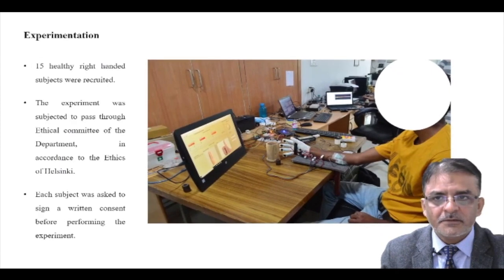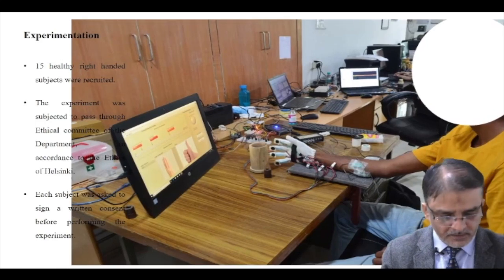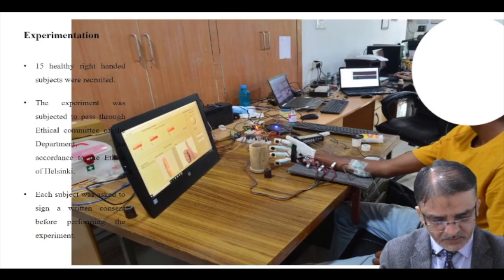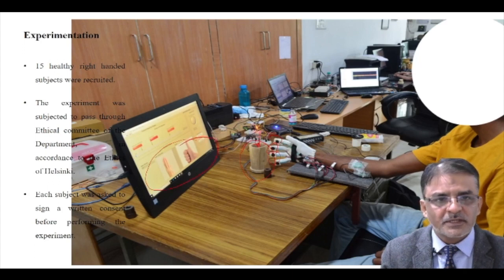If you see here, this is the experimental setup where pressure sensors were attached to the fingers. This is a weight where different weights were put in depending upon the condition. The gestures were shown on the screen to the subject. The experimenter was recording the signals which were going through the MyRio, and these signals were recorded here.